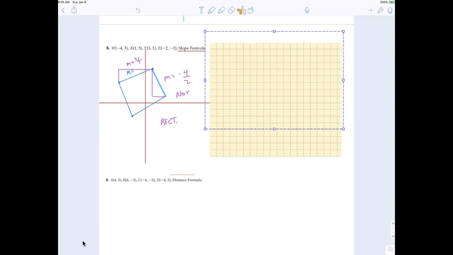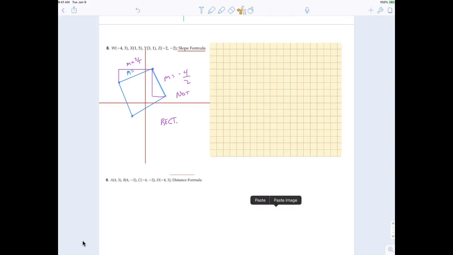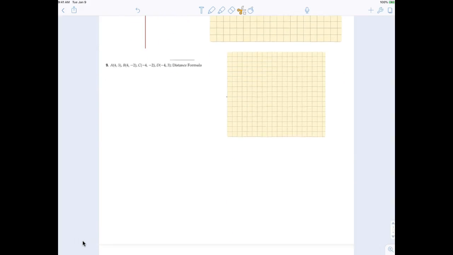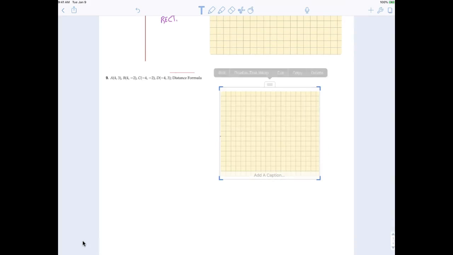Now, what are they referring to when they ask for the distance formula, though? What should you be checking? The distance between how long you should. Anybody? The distance between all the points on the graph.